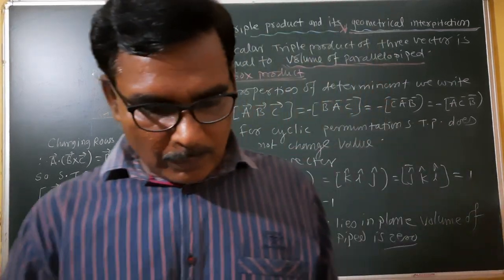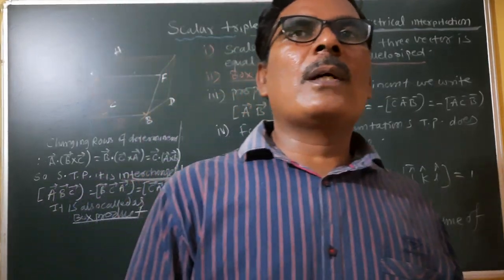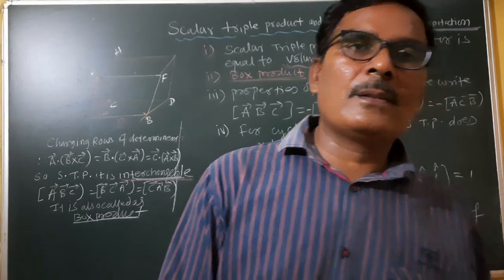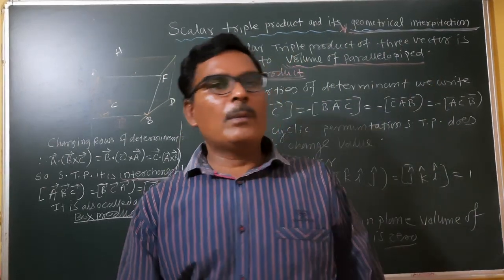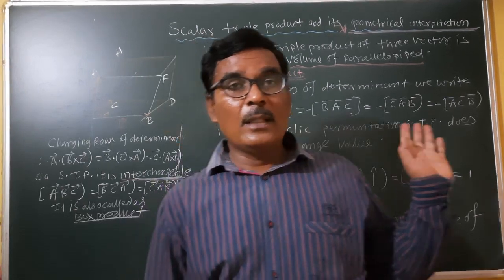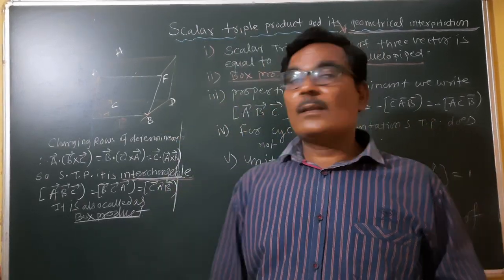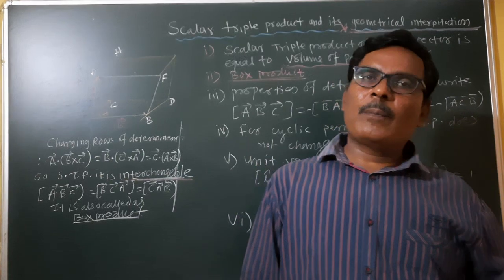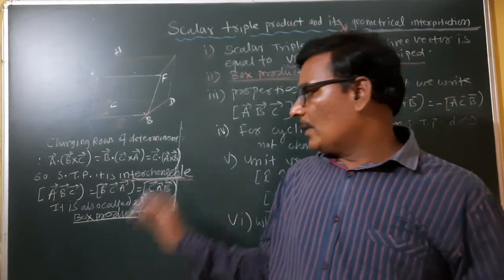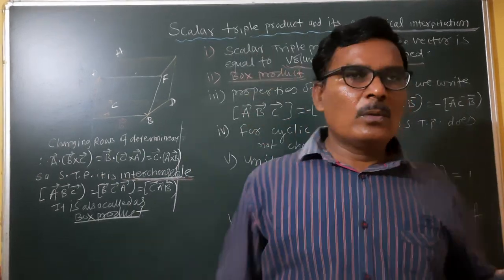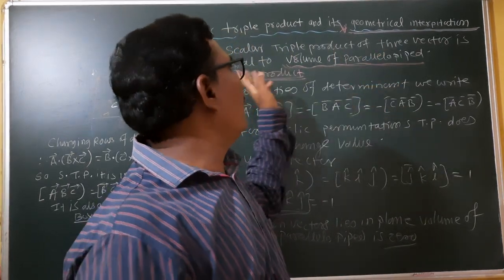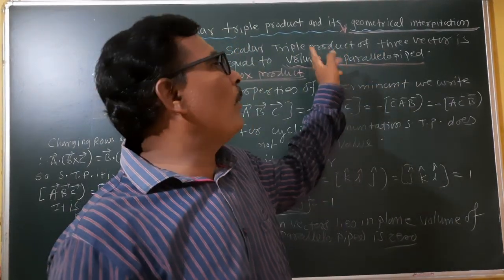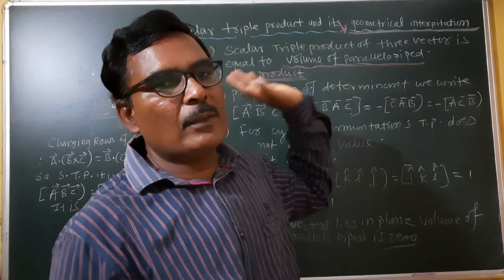Remember, these are very important: the scalar triple product and its geometrical interpretation. The scalar triple product is also called what? Box product. A multiple choice question will be asked on this. The vector triple product and scalar triple product can be interchangeable, and the scalar triple product of three vectors is equal to the volume of a parallelepiped. A multiple choice question may be asked on that.